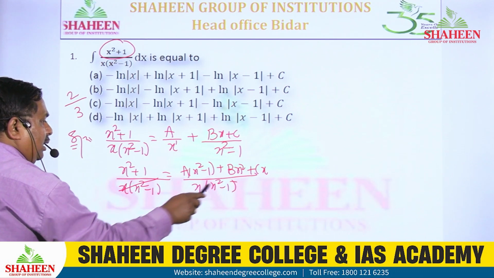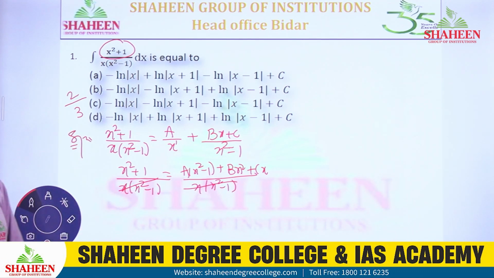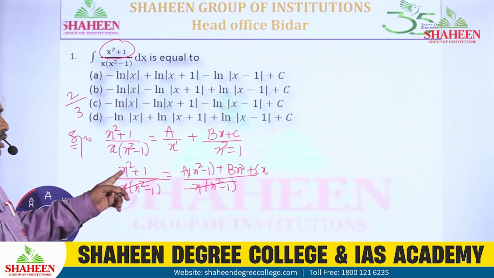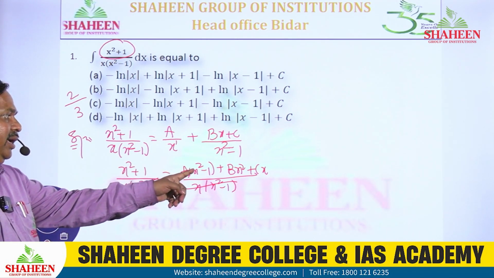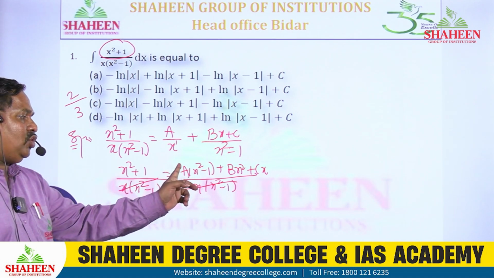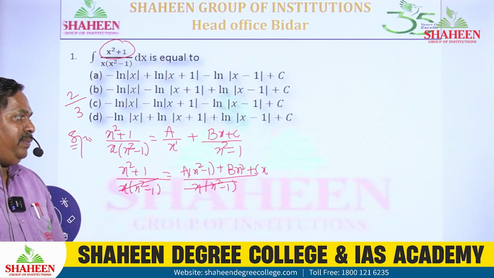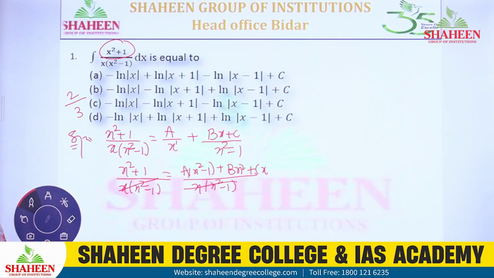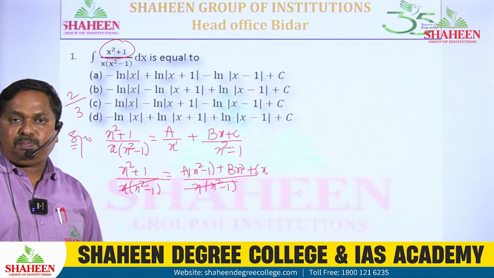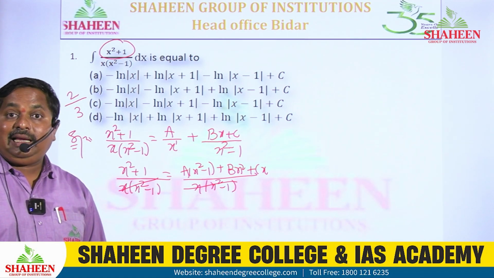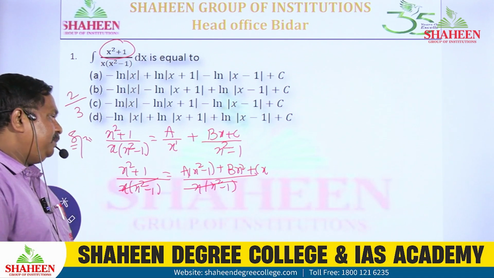Both LCMs or denominators get cancelled, resulting in x square plus 1 equals a into x square minus 1 plus bx square plus cx. Now by comparing the LHS coefficients and the corresponding RHS coefficients, we'll get the a, b and c values.